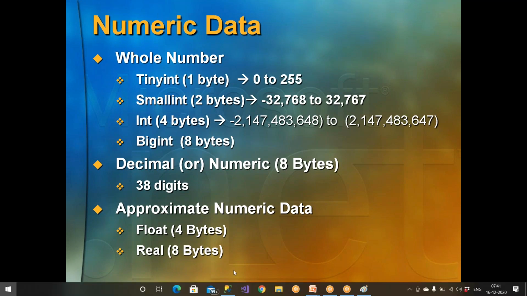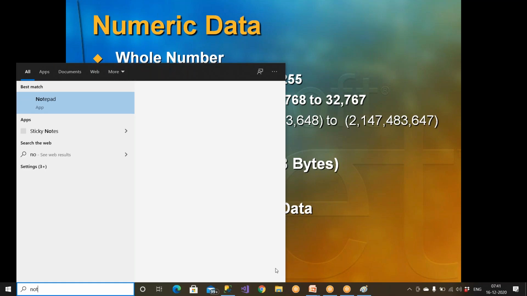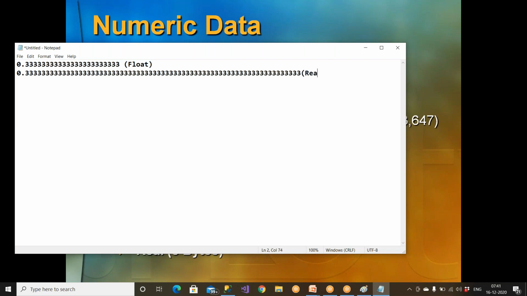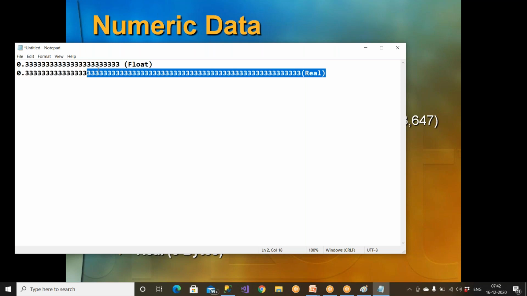For example, approximate means recurring numbers. If I say 3333 up to this, a float can store, and 0.3333 it can store much more, so it can store up to this, some more. So this is more accurate than this.